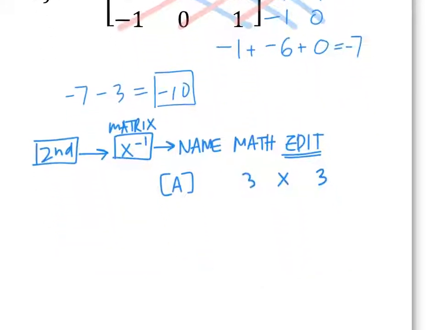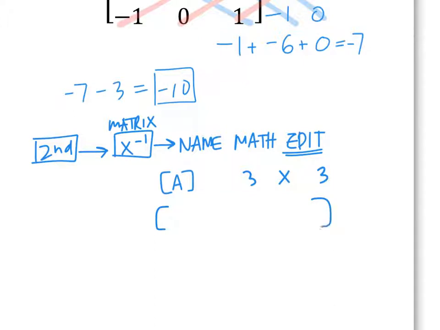All right, now that you have a 3 by 3, you will see 3 rows with nothing in there or zeros all in there. Just type in all the numbers. Once you type in a number, just press enter, and it'll go to the next number in the sequence of the rows.